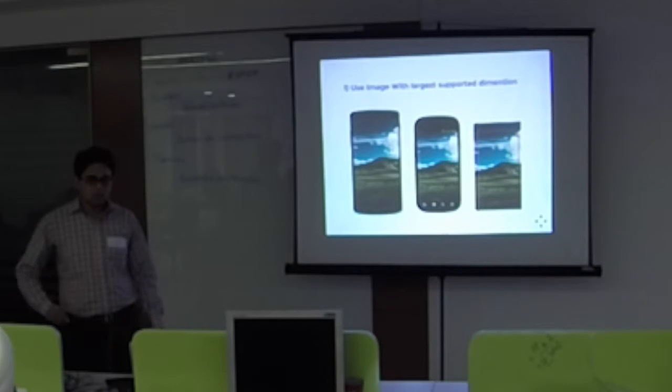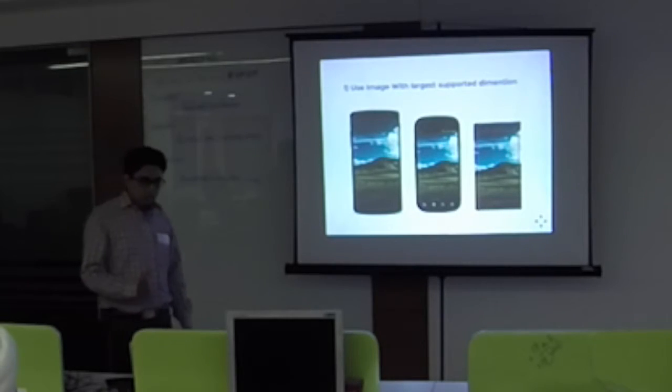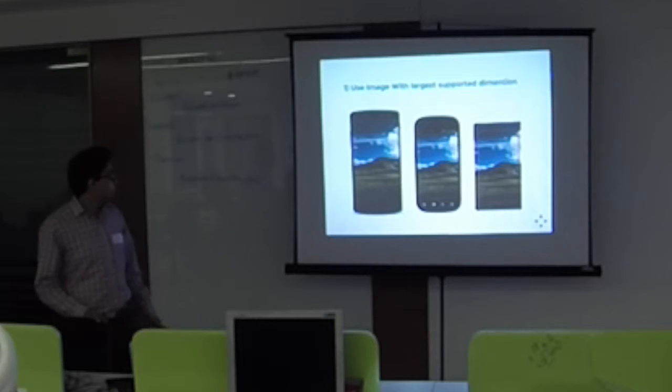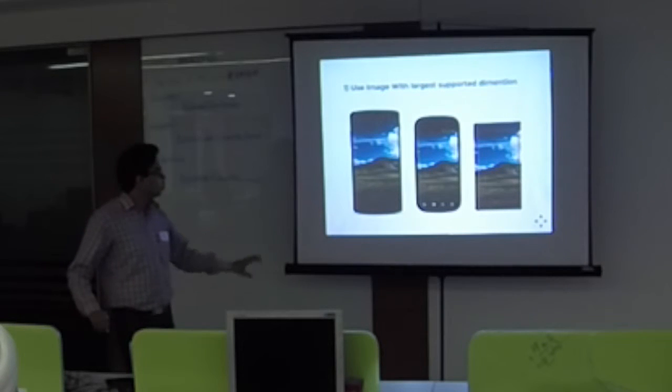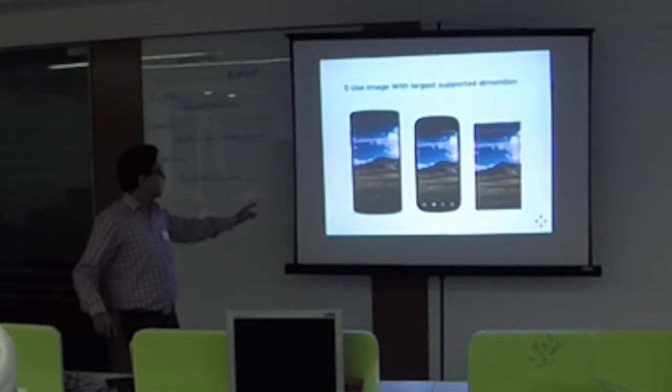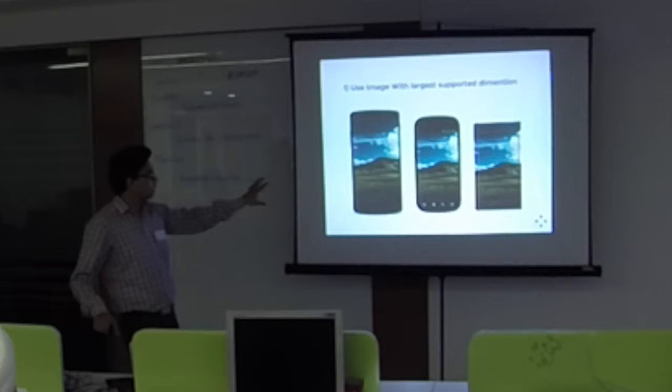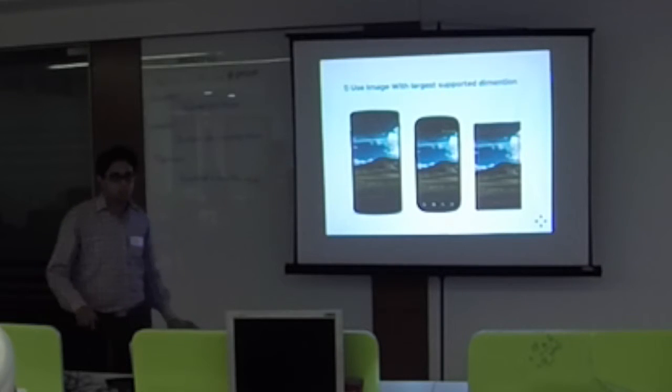Android will pick them accordingly, but there will be devices which are smaller than that particular size. On those devices, image will be cropped from the center. As an example, on Nexus 5, the full image will be displayed, but on Nexus S, image will be cropped from the center. Only the red border portion will get displayed on that device.